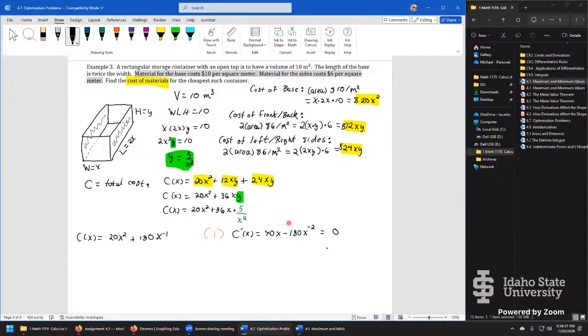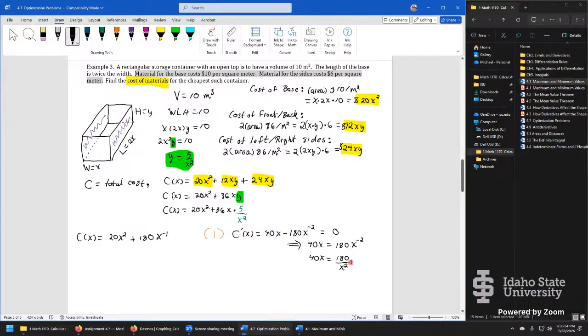So if you set that to 0, this would imply 40x is positive 180 x to the power of negative 2. This is really 180 divided by x squared. That's a decent way to convey this. Actually, let's write this down in the notes. This would be 40x is 180 over x squared.